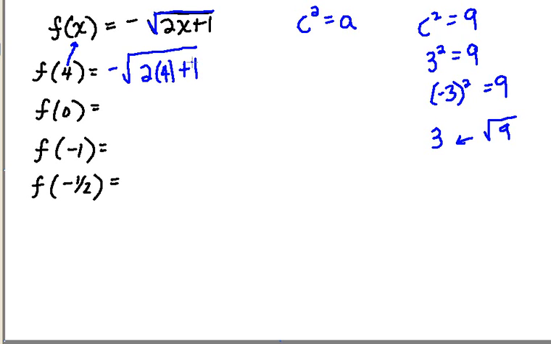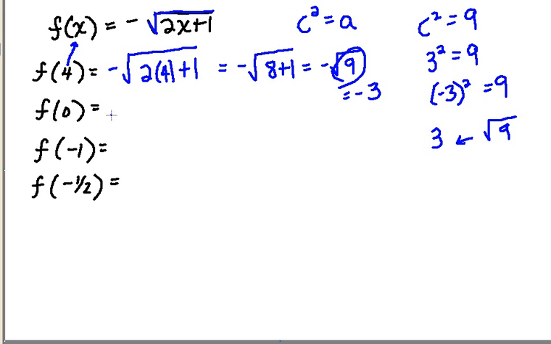All I've done is go to my function and plug in 4 for x. That is equal to minus the square root of 2 times 4 is 8 plus 1. This is equal to minus the square root of 9, or I can call this minus 3, because 3 I can plug in for the square root of 9. I just went through that, and then I have the negative sign out front.